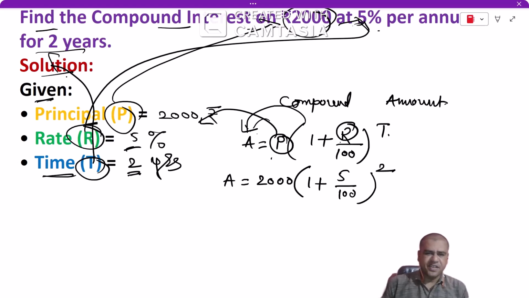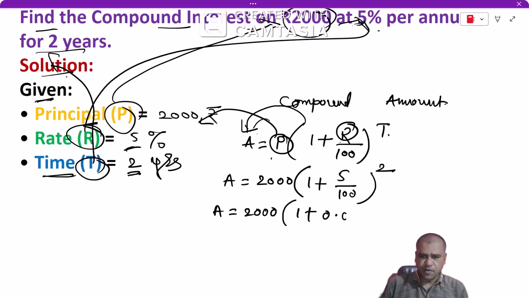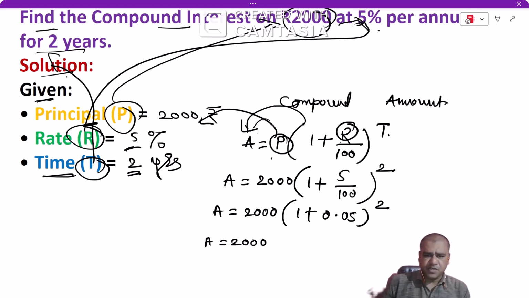Now on solving this, A equals 2000 into bracket 1 plus 5 divided by 100, which is 0.05, to the power 2. So A equals 2000 into 1.05 to the power 2.